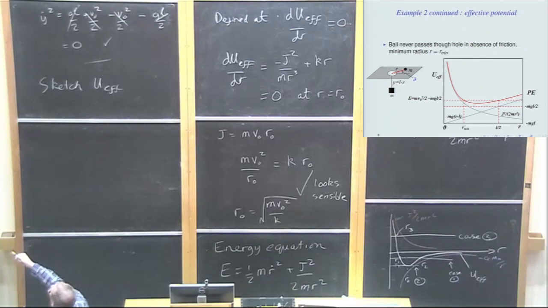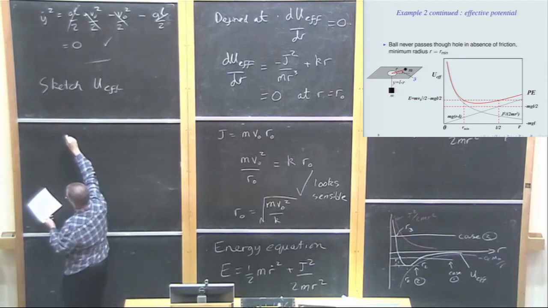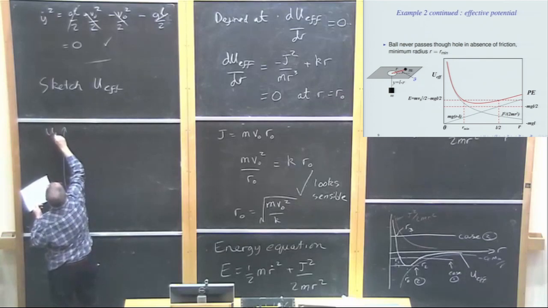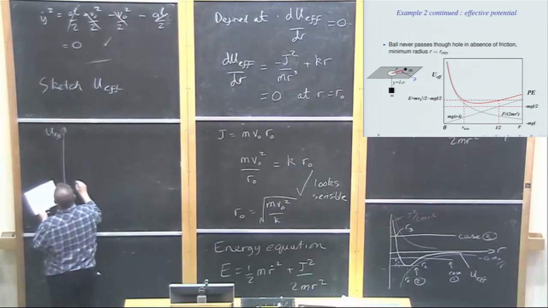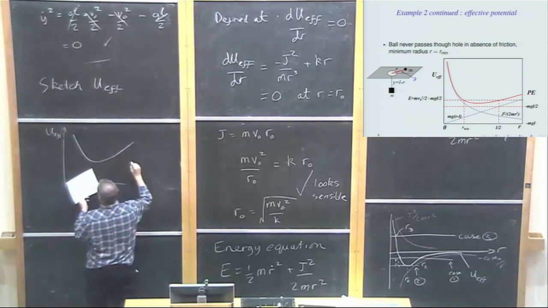Again we have a potential energy as before going upwards. This is the J squared over 2m r squared coming downwards. So we end up with this shape here. So U effective has this shape there.